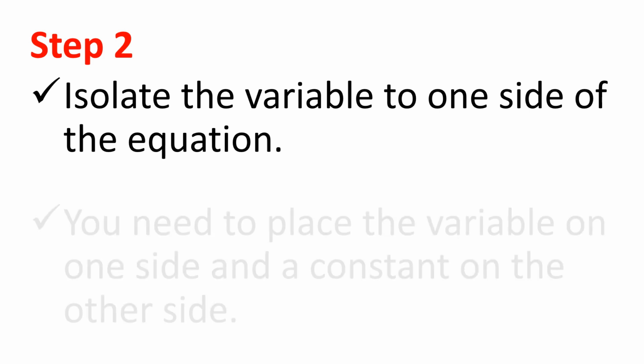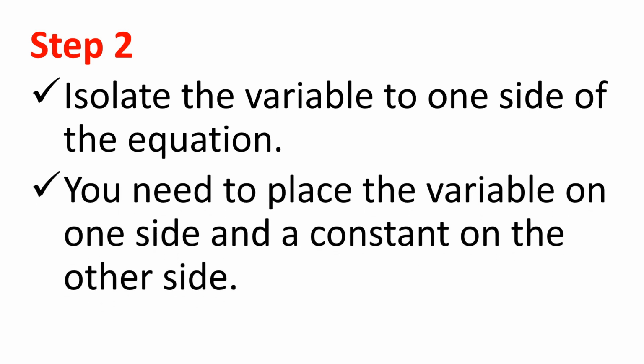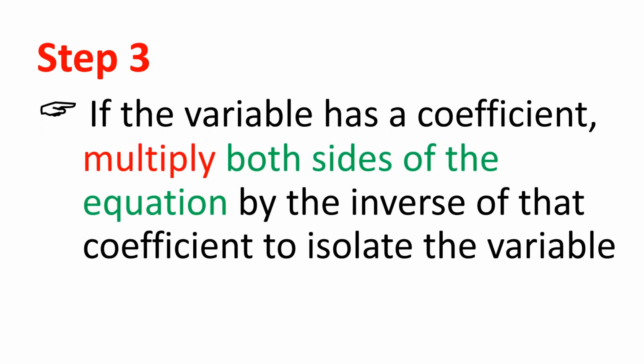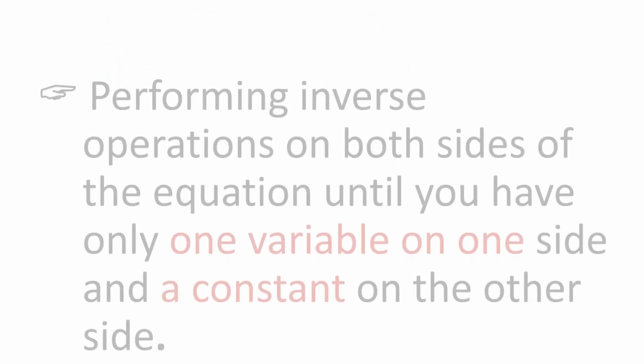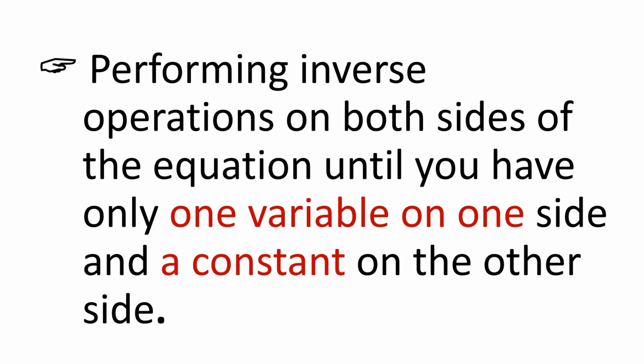To solve a linear equation, you need to place the variable on one side and a constant on the other side. Step 3. If the variable has a coefficient, multiply both sides of the equation by the inverse of that coefficient to isolate the variable. This is done by performing inverse operations on both sides of the equation until you have only one variable on one side and a constant on the other side.